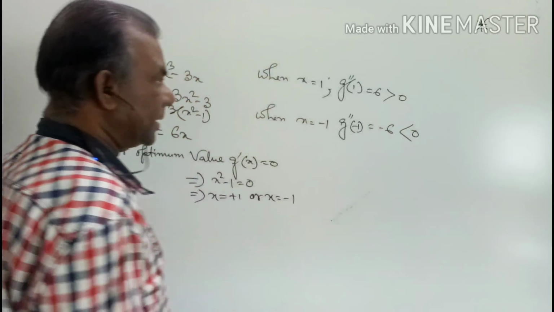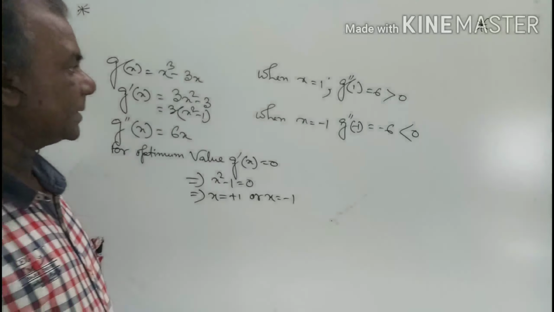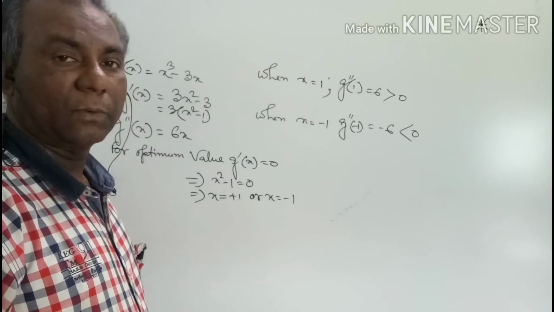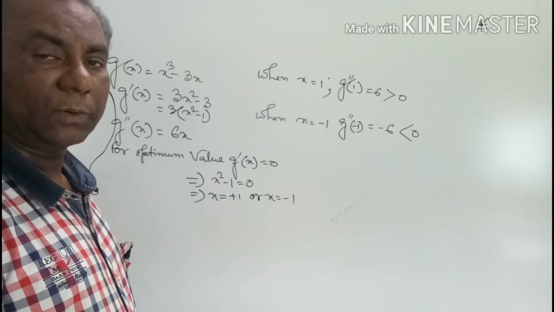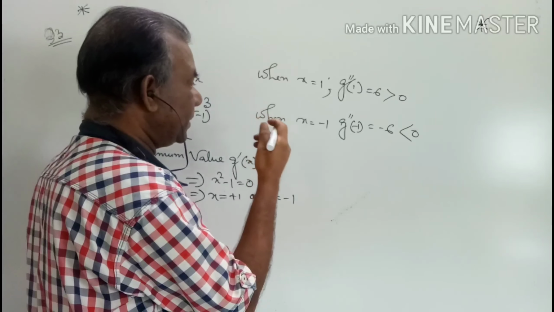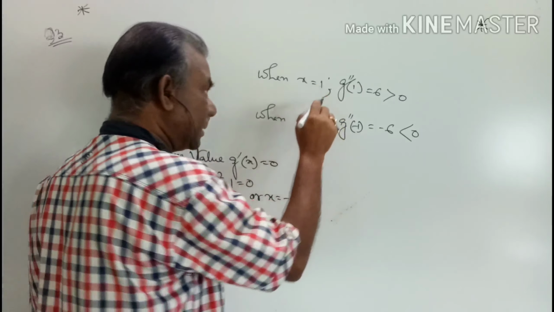So here you will write the given function has minimum value at x equal to 1, and the given function has maximum value at x is equal to minus 1. Now, what will be the minimum value? So, it is local minimum.